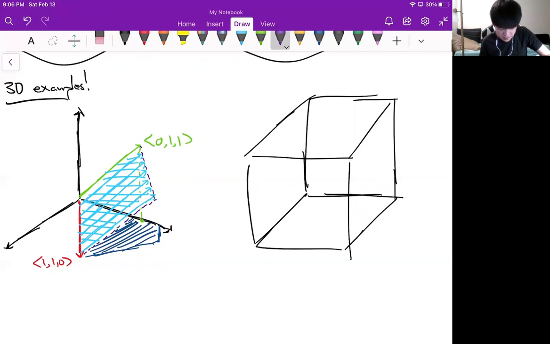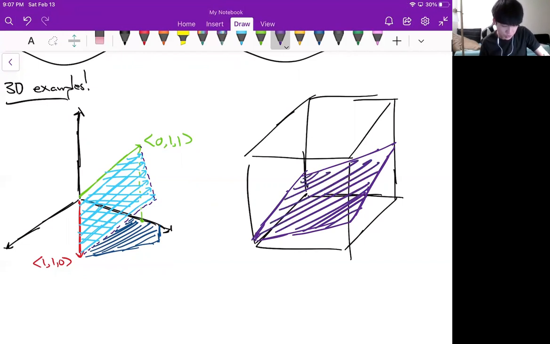Here is a subspace that might be a little hard to describe, which of course contains the 0 vector. So there's 0. I want to be able to describe this subspace and work with it.